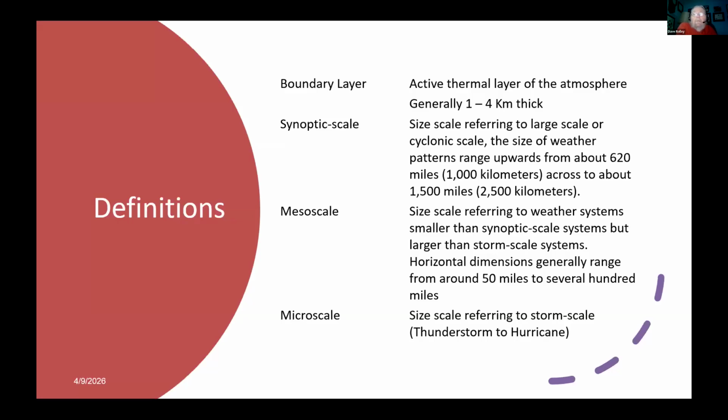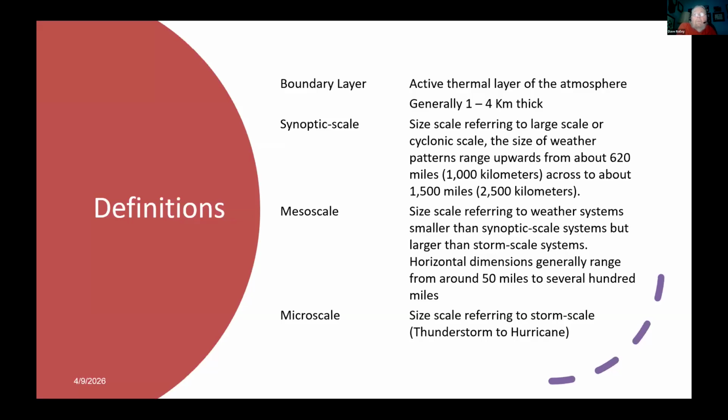It doesn't mean that the convective activity stops at the top. The planetary boundary layer is roughly the lowest 1 or 2 kilometers of the atmosphere. But notice I said this goes up to somewhere in the neighborhood of 4 kilometers.